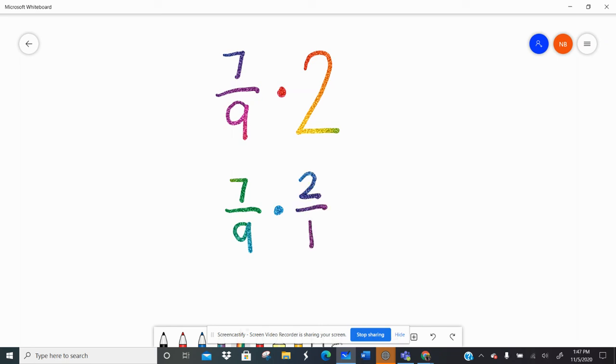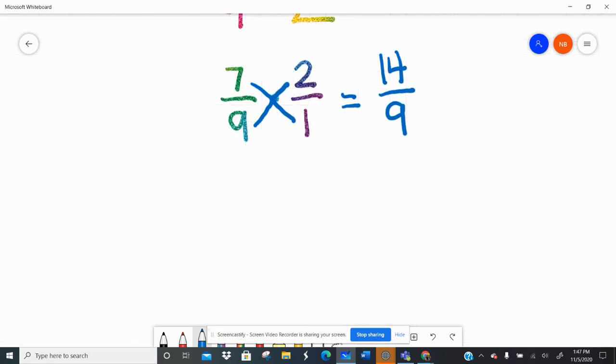So I'm going to put a 1 under it. So I'm not going to try to cross simplify, but to be honest, I couldn't anyway. So let's do top times the top. 7 times 2 is 14. Bottom times the bottom. 9 times 1 is 9.